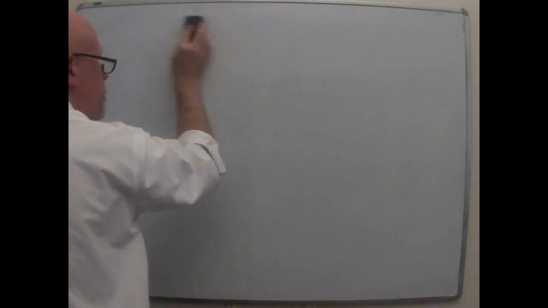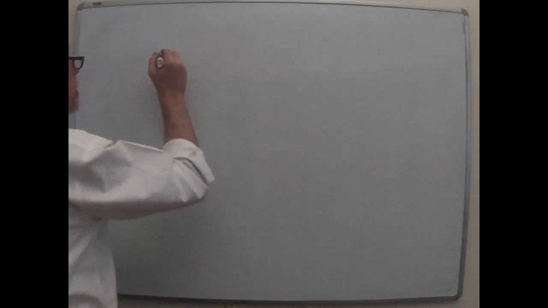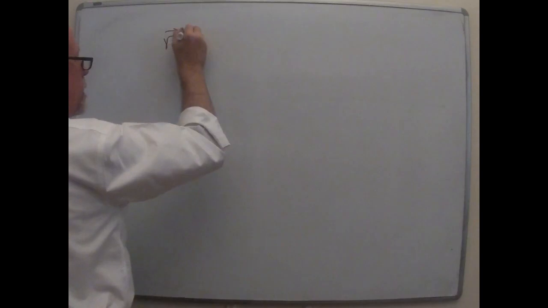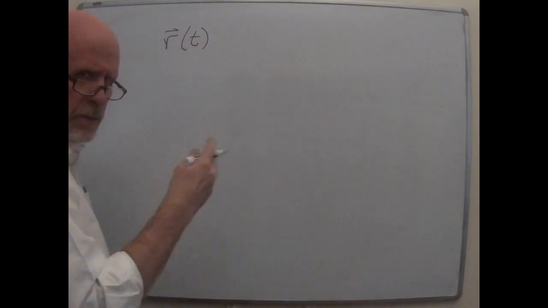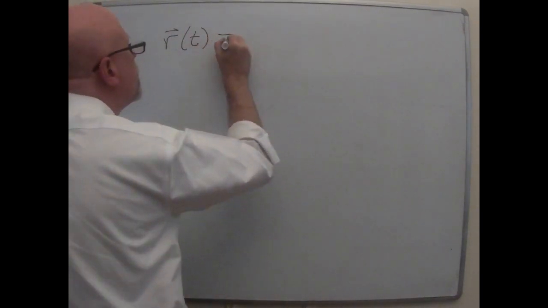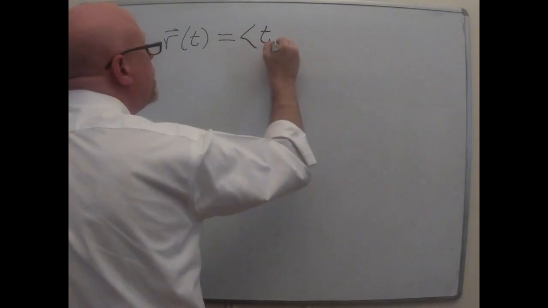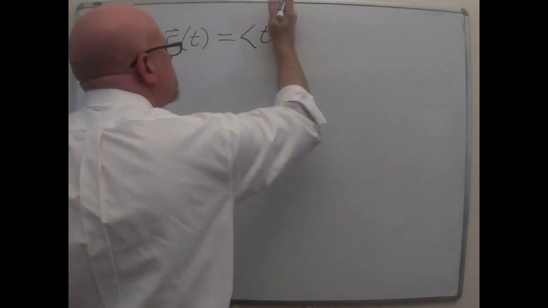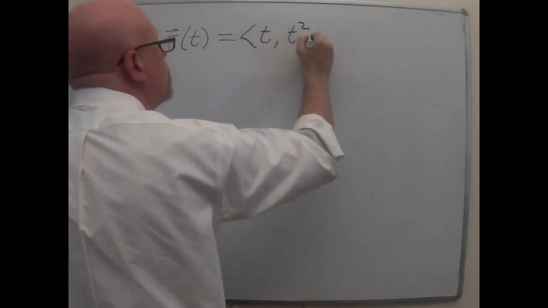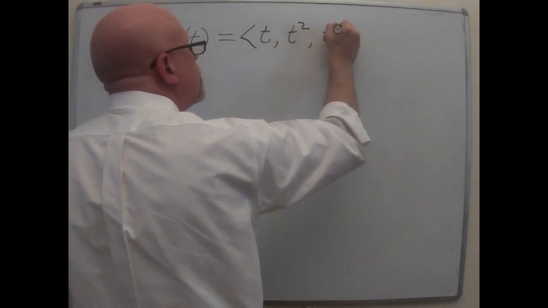One of the space curves that I showed you in the previous video was this one, the things I did on CoCalc. It had t, t squared, and t cubed as its component functions.